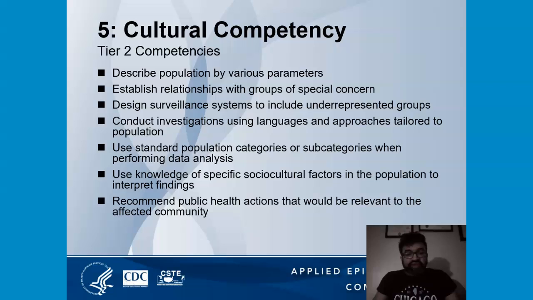So the cultural competency piece, of course, is crucial, describing the population by various parameters. This has been updated more recently, so I'll be going over some of that as well. But I encourage you to go through the 7 of these.